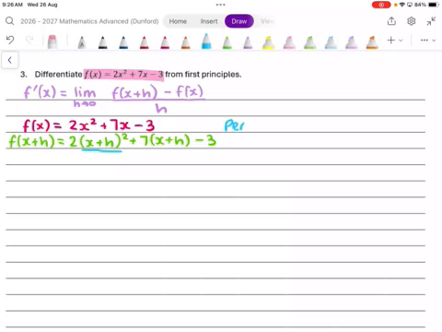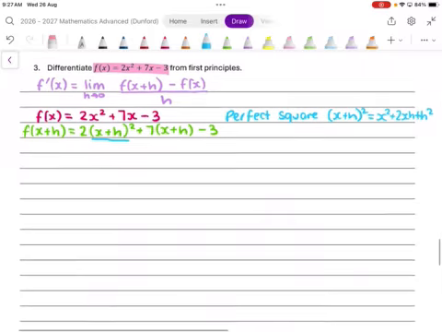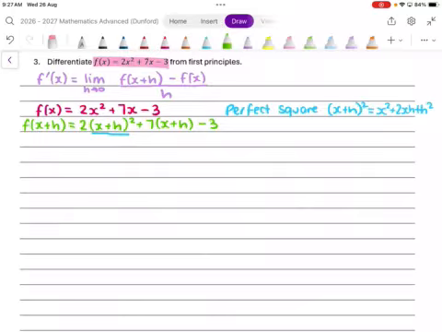Now, we have a perfect square again. So our perfect square of x plus h all squared will be x squared plus 2xh plus h squared, that we can substitute in straight away. So we'll get 2 lots of x squared plus 2xh plus h squared, close the bracket, plus I'm just going to expand our 7 lots of x plus h straight away.